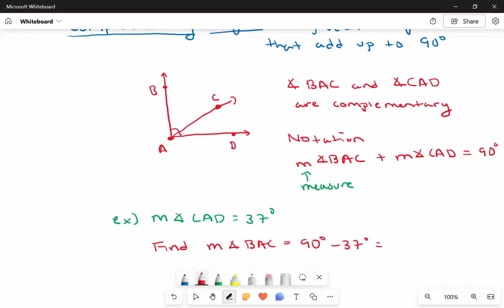So let's see, that'll give me 53. Doing it in my head. Pretty sure it's correct. Okay, 53 degrees. So there we go. Complementary angles.